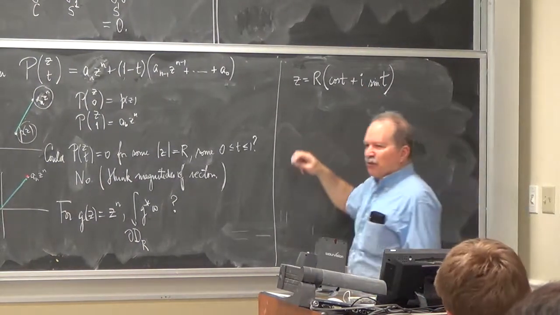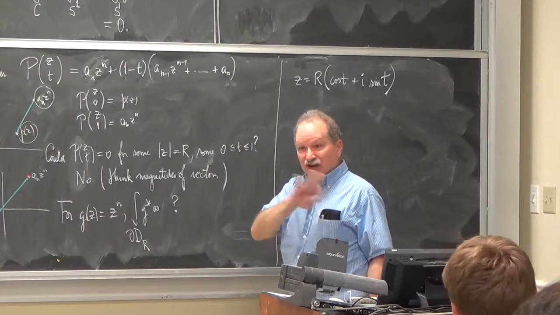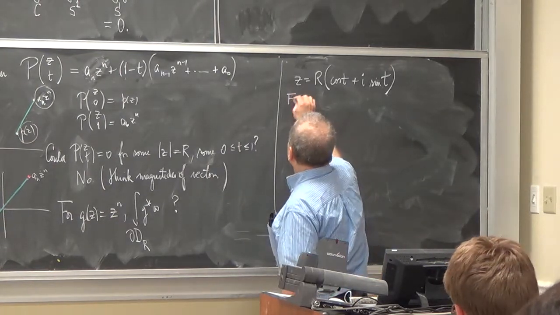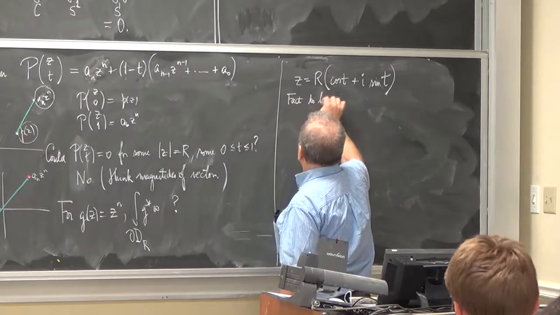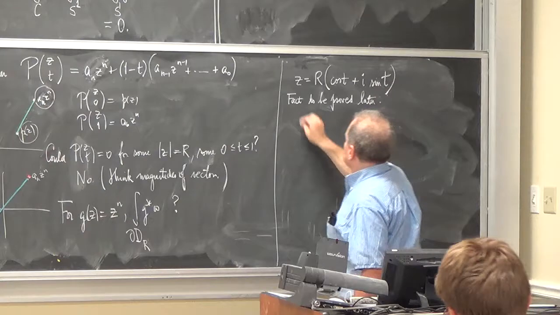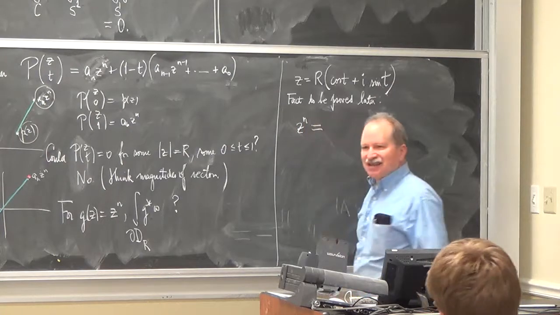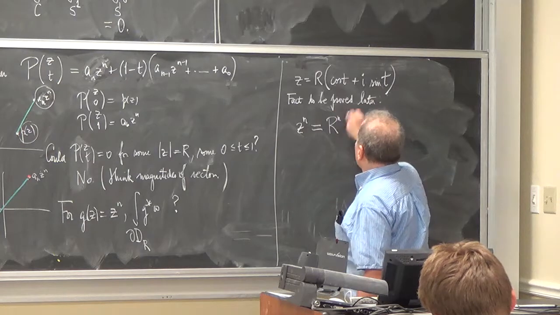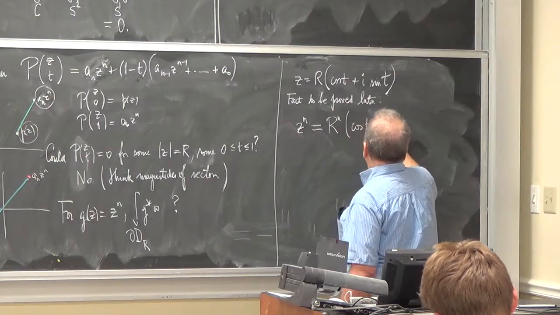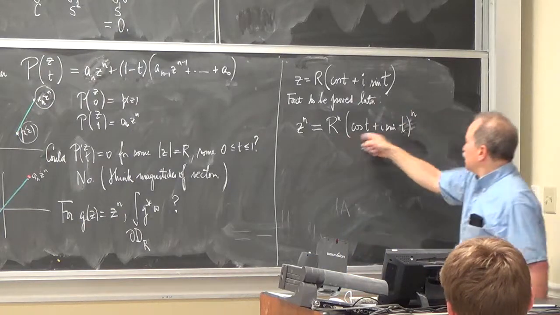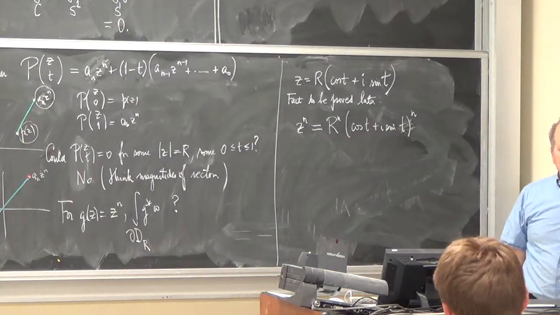And a fact from algebra that I'm not going to stop to do now, but I'll prove it to you later in the course, which Haley can do for all of you, is that if you take the nth power of z, you get the nth power of r times the nth power of cosine t plus i sine t.